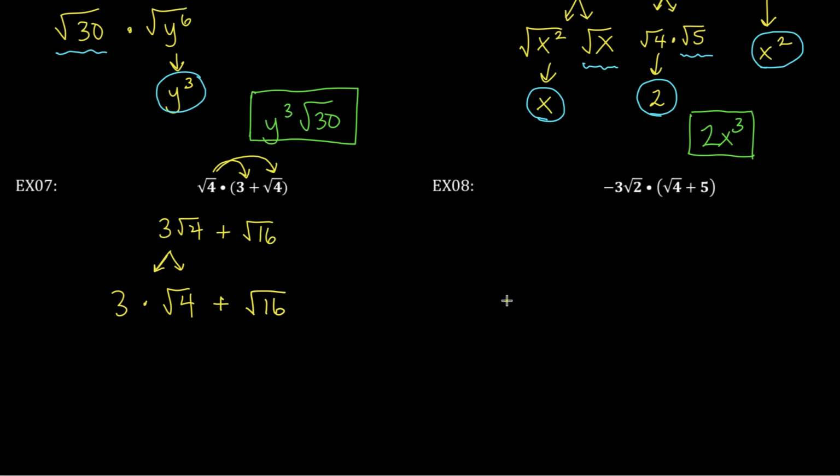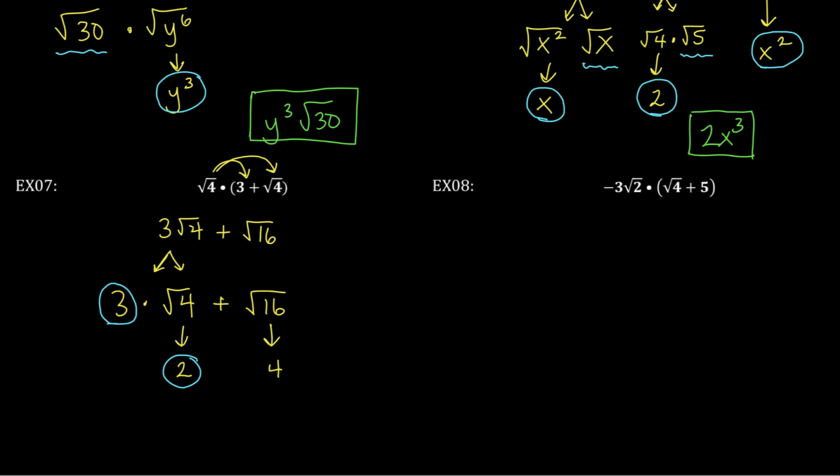And then we can go from there. So square root, this one's already done. And then square root of 4 becomes 2. We're done there. And the square root of 16 is actually just 4, positive or negative 4.